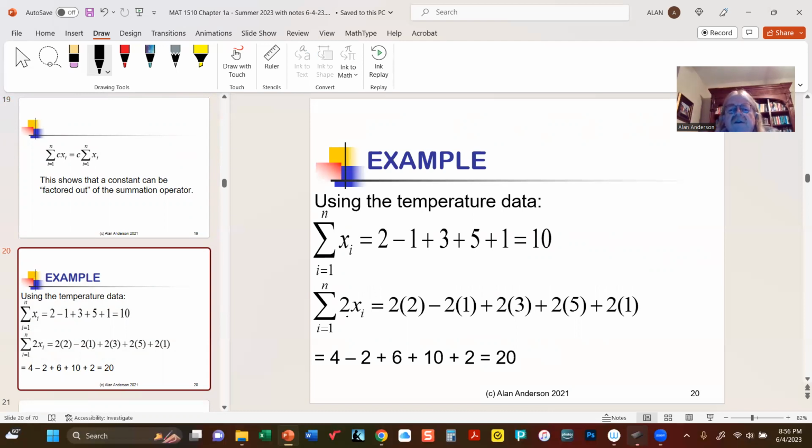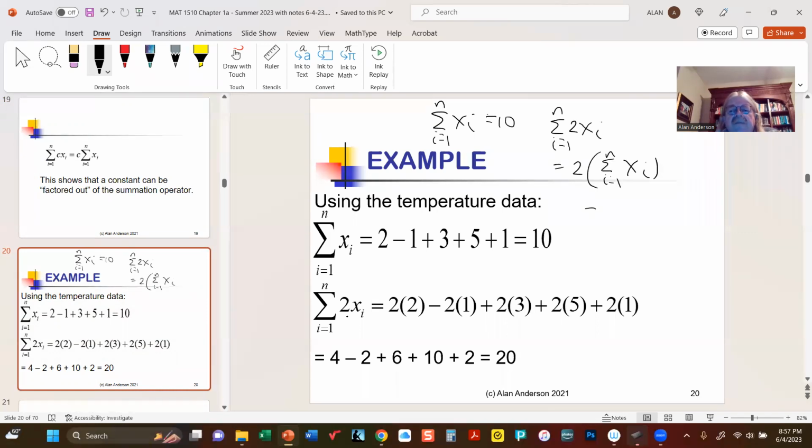But you could have also simply said, all right, if the sum of the x's is 10, then the sum of the 2x's is just 2 times the sum of the x's, which is 2 times 10, which is, of course, 20.